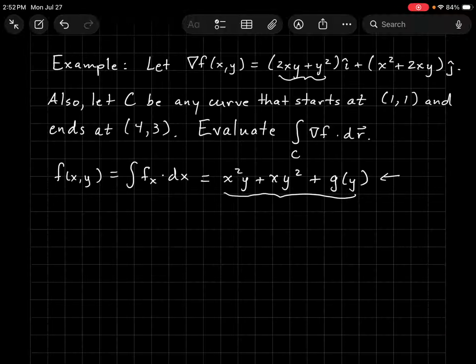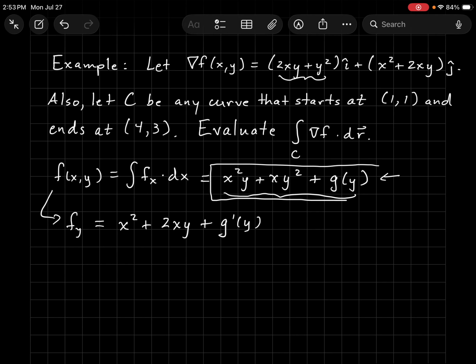So we have to assume there might be some function back here that's only a function of y. Now, if I were to take the partial of this with respect to y, we would get x² + 2xy + g'(y).